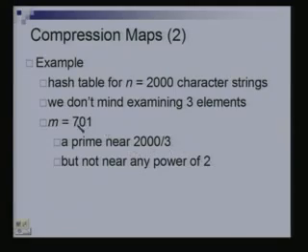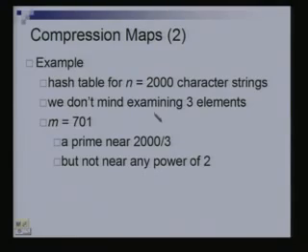And one important thing that is also observed is that one should not pick the size of the hash table close to a power of 2, because the same kind of effects start happening as when the size is exactly a power of 2.